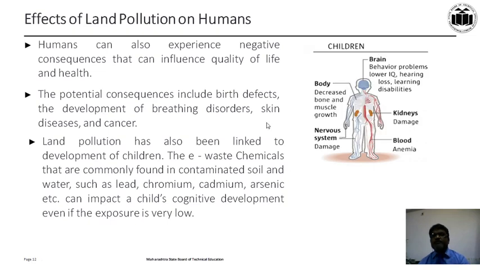So from this picture you can gain knowledge about the various impacts on children. See here, it impacts the brain, it causes kidney damage, it causes anemia by reducing the hemoglobin, it impacts the nervous system, and it also impacts the whole body of the children.